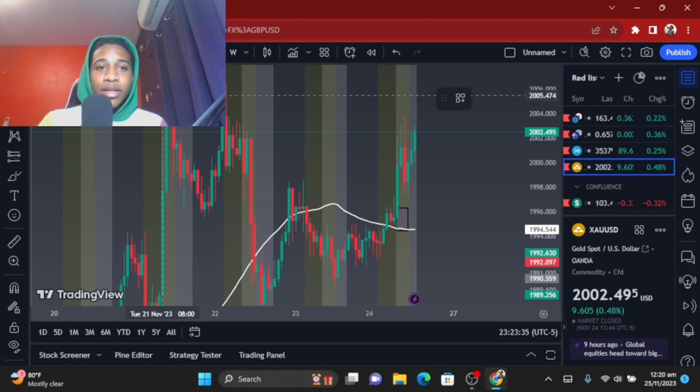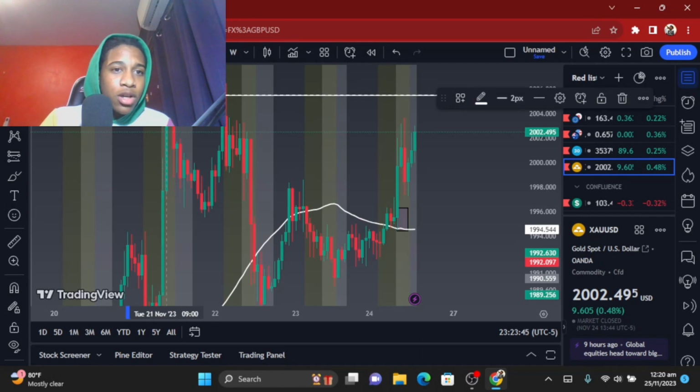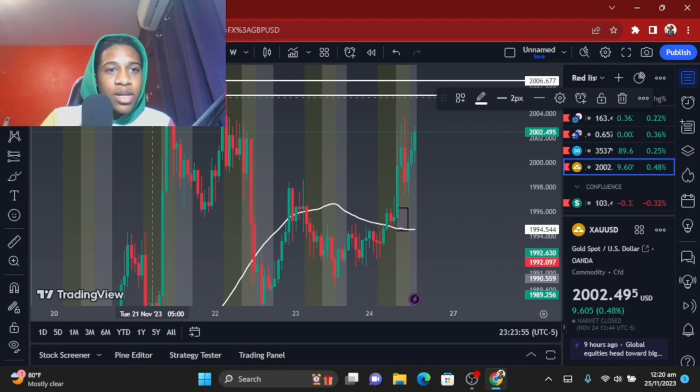But in this video I'm just going to use the horizontal ray. You place it at the very top here, the top of this candle before the wick. And then your second horizontal ray could be about right here. I just like to place two, just to mark it off, right?